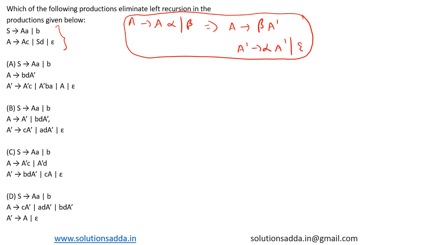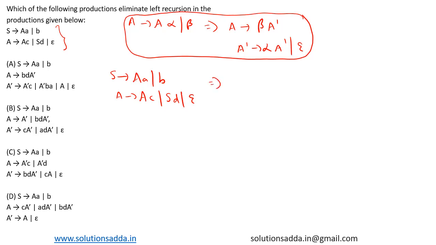First of all, let's write the grammar. We have S derives AA or B, A derives AC or SD or epsilon. We are finding the indirect left recursion here because S can derive A, and again A can derive S. So there is an indirect left recursion.